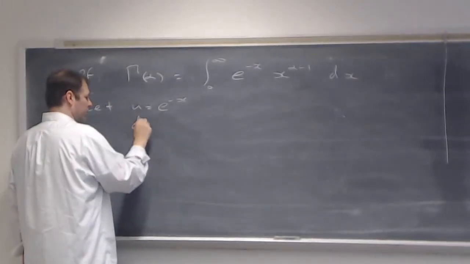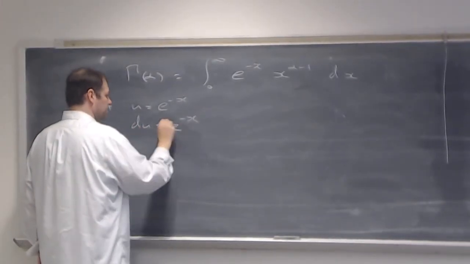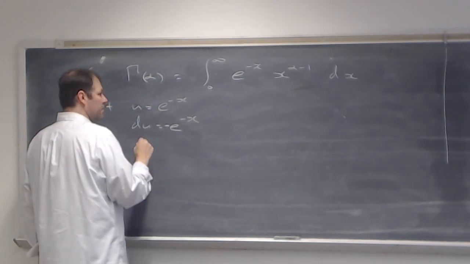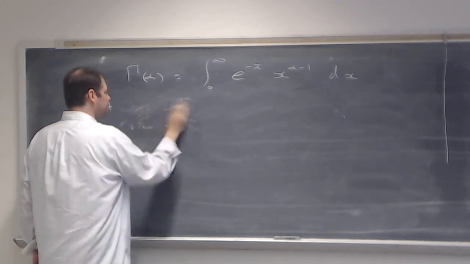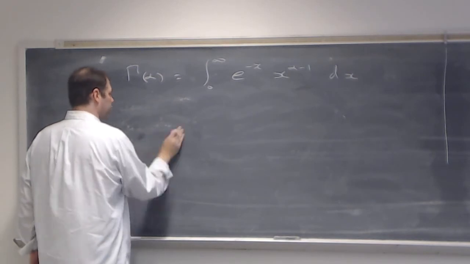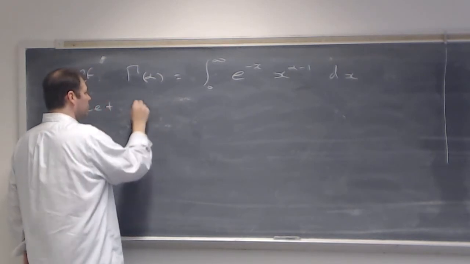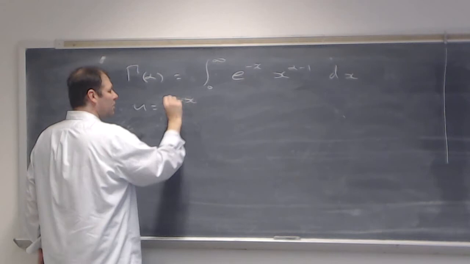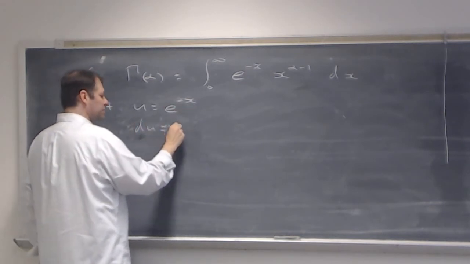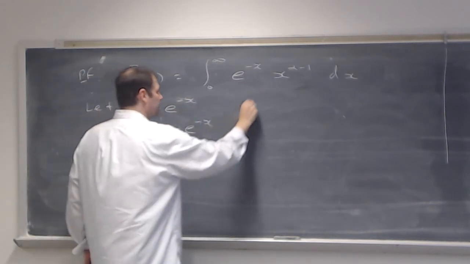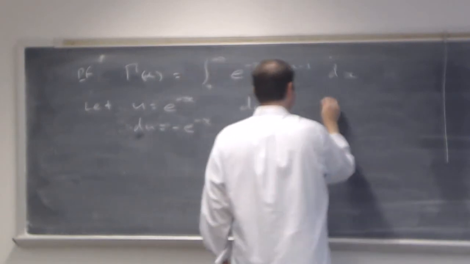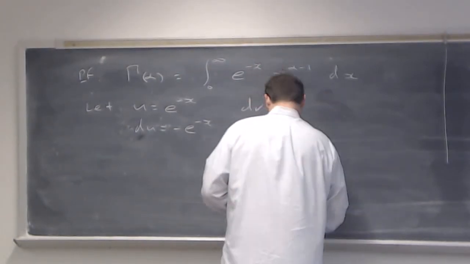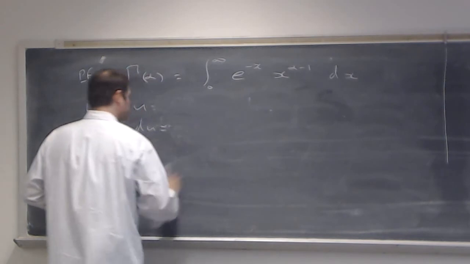If it doesn't work out, we'll keep working. So du is equal to minus e to the minus x. dv, let's let it be equal to this other factor. Let's try this first.